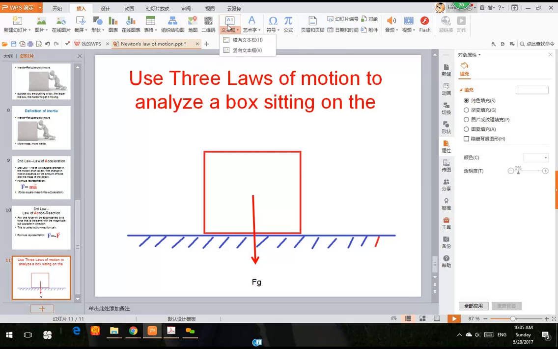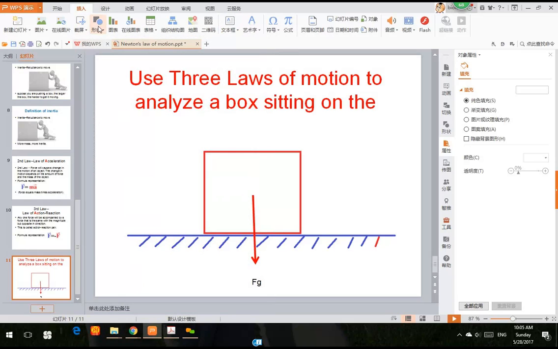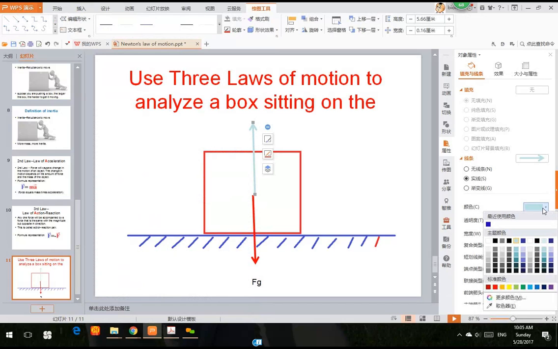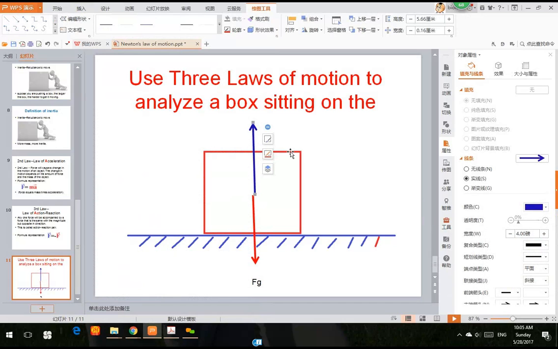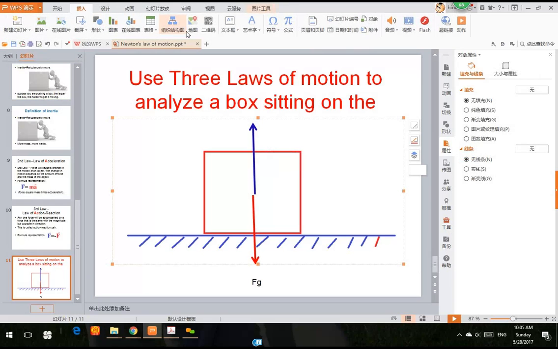The ground is having a supporting force on the box. Let's say by definition it is called the normal force.